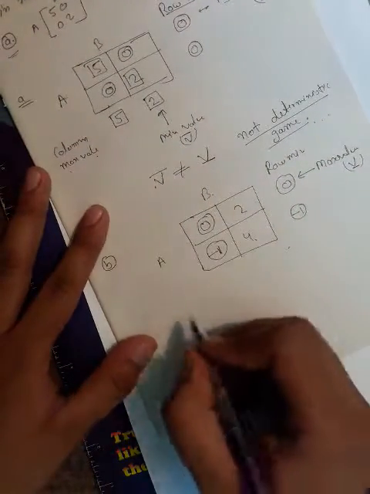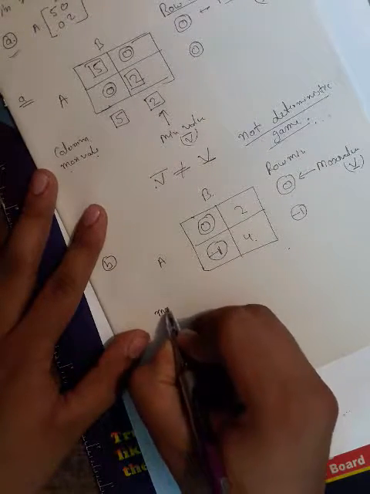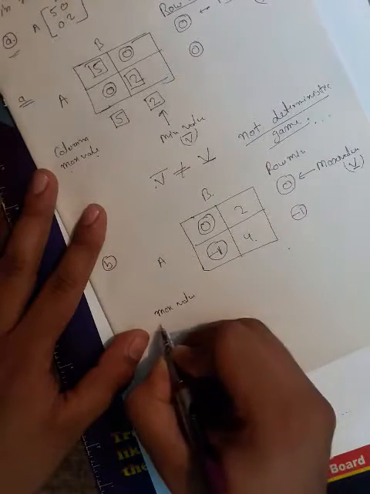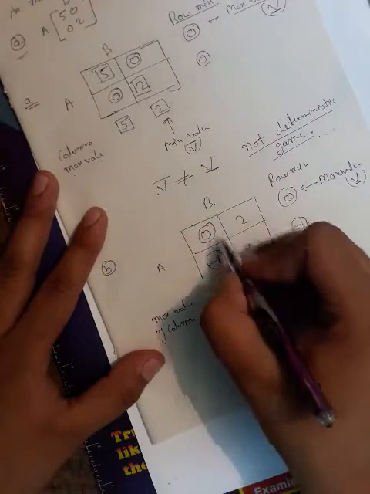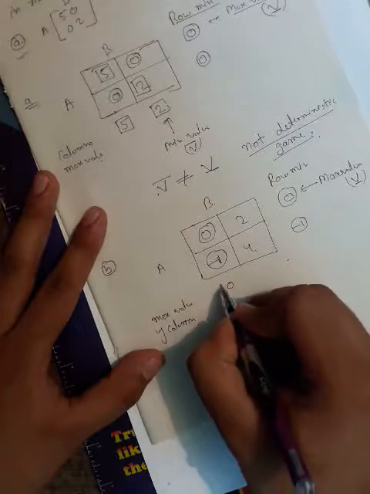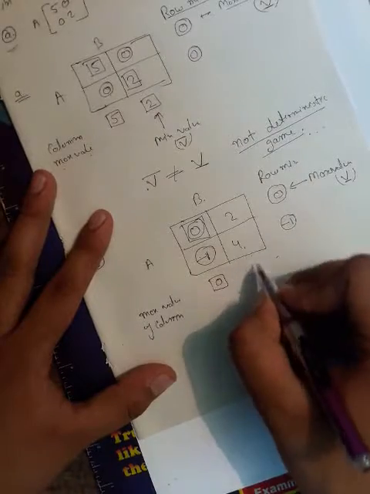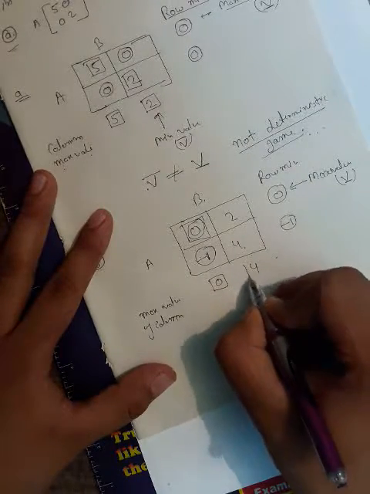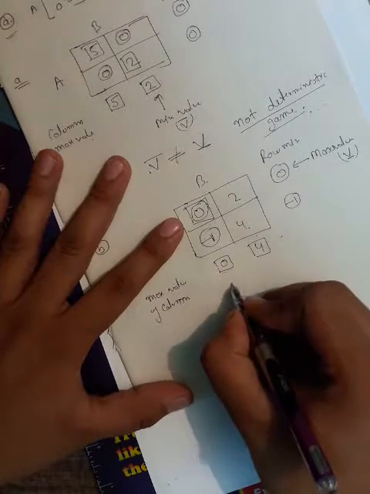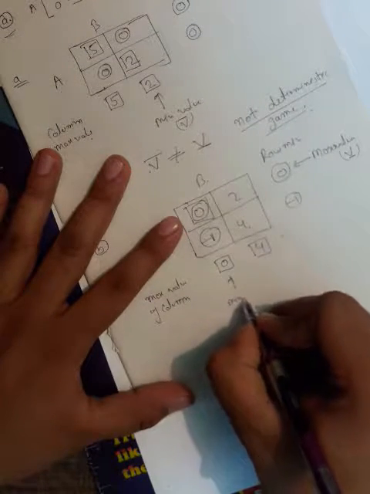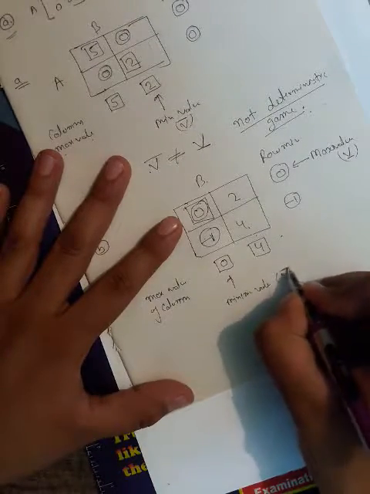For the next step, you have to find the maximum value in each column. In the first column it is 0, make it a rectangle, here also a rectangle. In the second column, the maximum value is 4, make it a rectangle. Find the minimum value here, the minimum of these two is 0, so this is my minimum value, denoted by V bar.